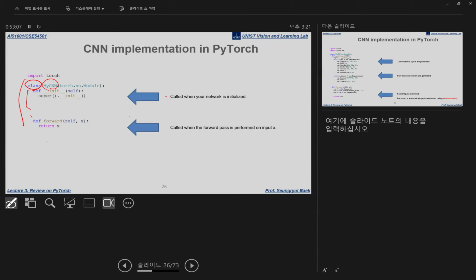We actually have 2 methods for that. The first is the init method, which is the constructor of the class. And the second is the forward method.